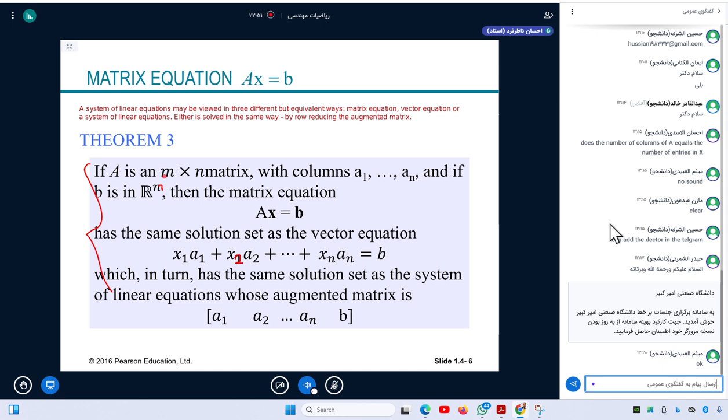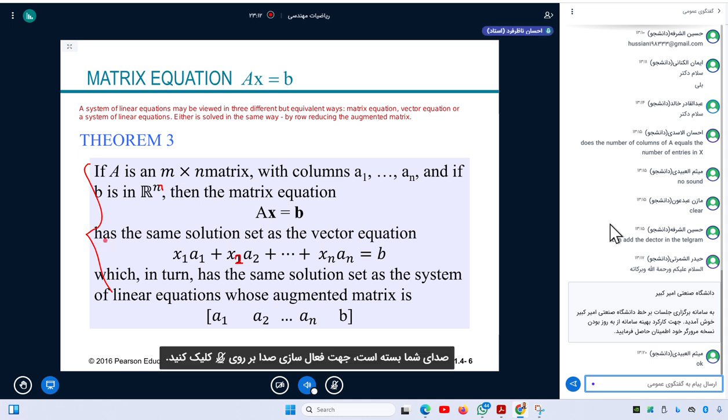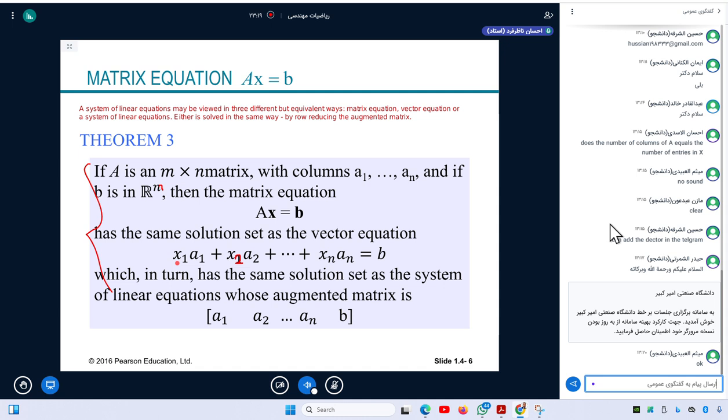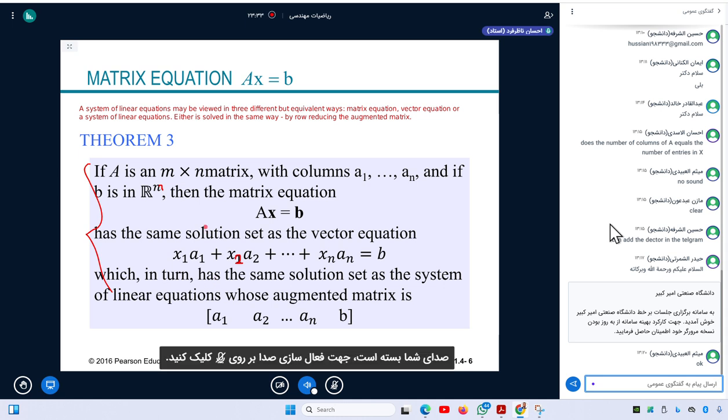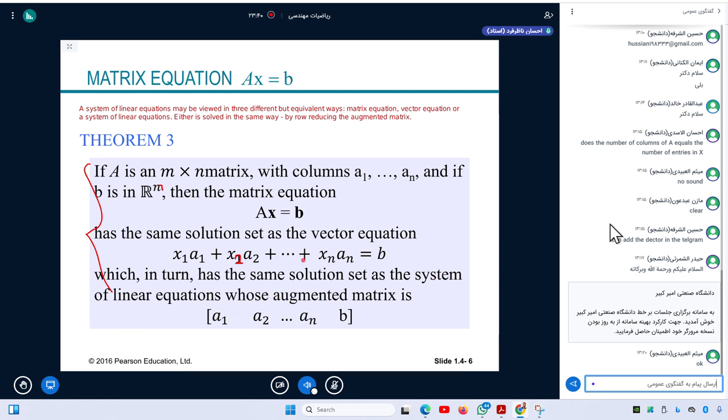If A is an m by n matrix with columns A1, A2 through An, and if B is in Rm, this means that B is a vector in Rm, then the matrix equation Ax equals B, we just see that, has the same solution as the vector equation if we write it down as x1 a1 plus x2 a2 plus x3 a3 and so forth equals b, and both of them have the same solution as the system of linear equations whose augmented matrix.